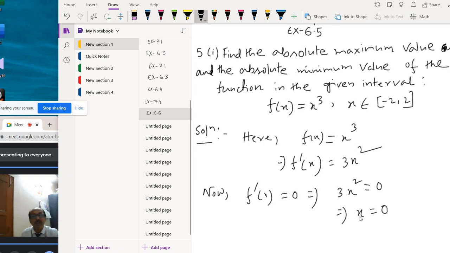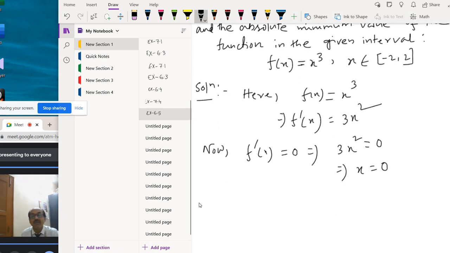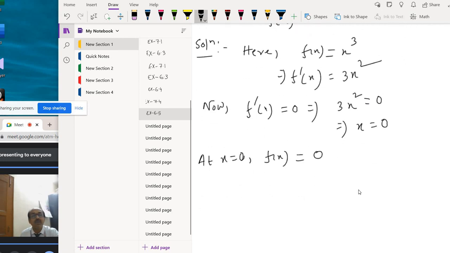Now at x equal to 0, what is the functional value? f(x) equal to 0. Now see the interval [-2, 2], a closed interval.